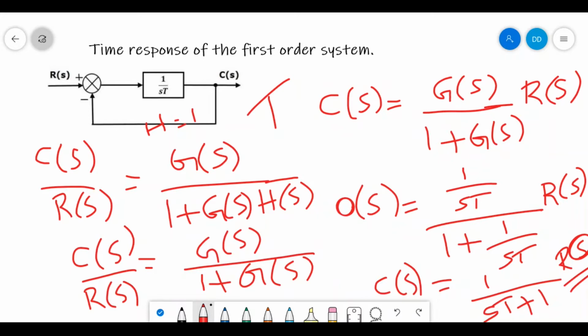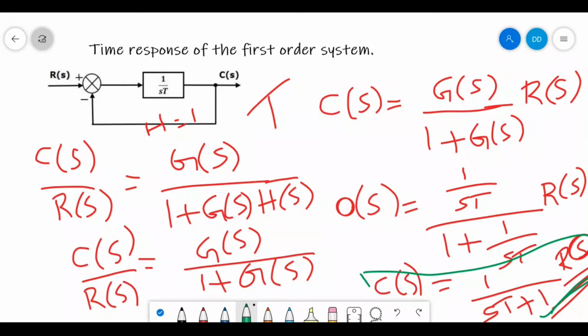Whatever the input, we need to substitute its Laplace transform R of S in this final equation. Then simplify, doing partial fractions if required, and later take the inverse Laplace transform to obtain C of t.